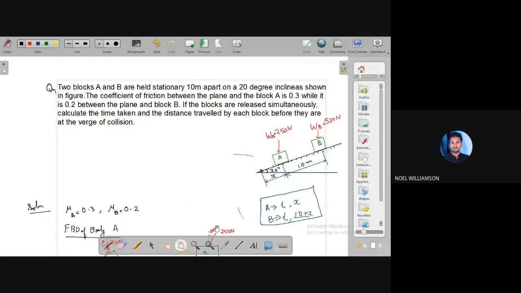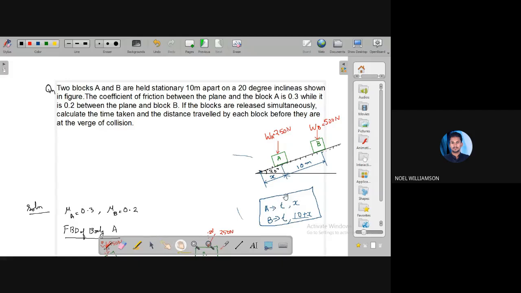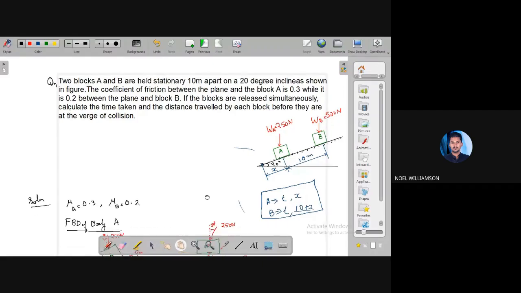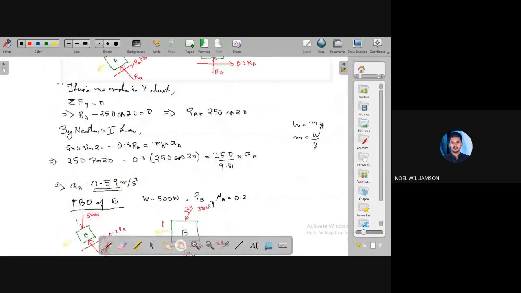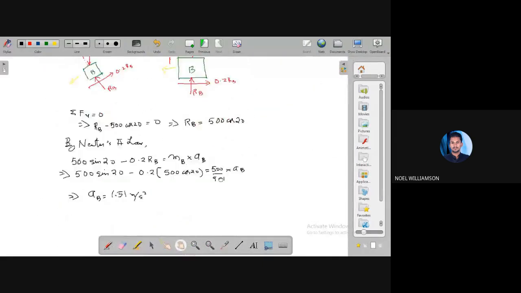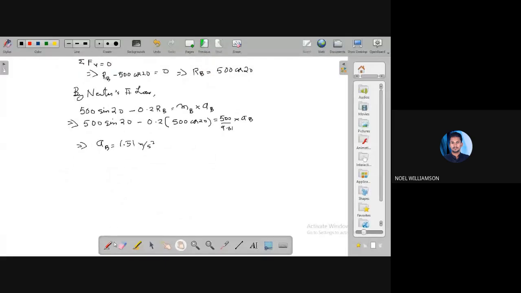The relation connecting u, a, t and s is s equal to ut plus half at square. So we are using that relation.